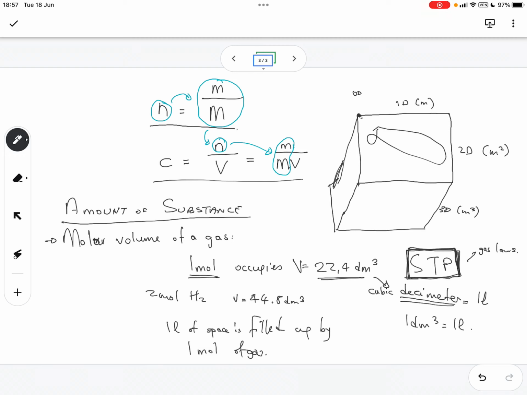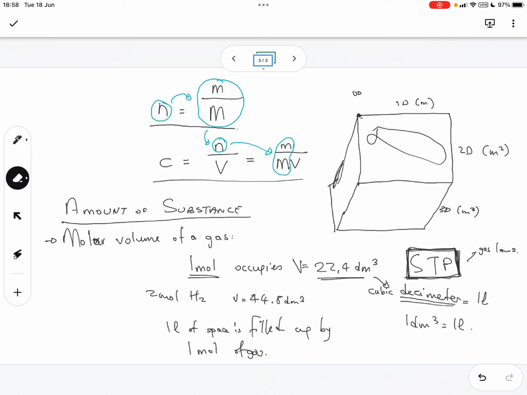Any gas you can think of, whether it's carbon dioxide gas or oxygen, ammonia gas, someone passed gas, doesn't matter.